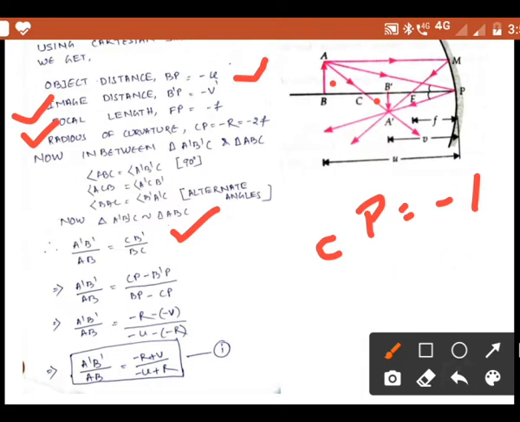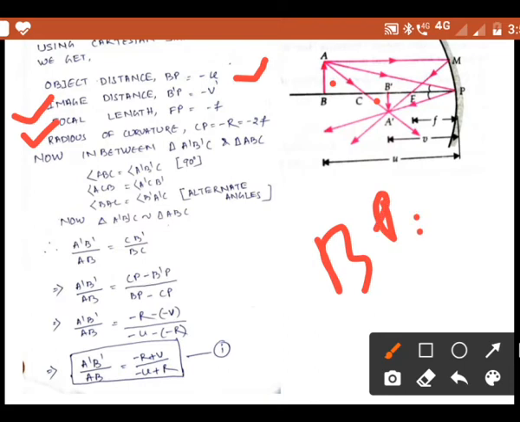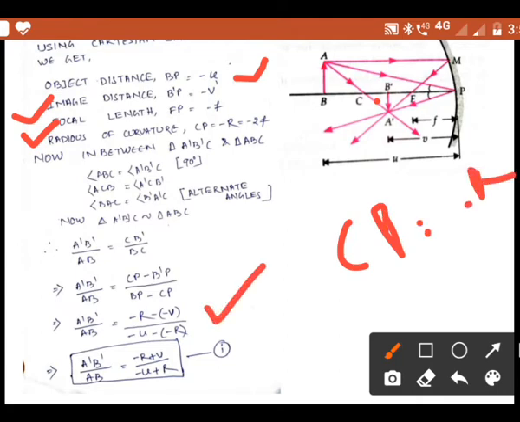Then BP is the object distance, you can write minus u. Then CP is the radius of curvature, minus r. Then A dash B dash by AB equal to minus r plus v by minus u plus r, equation 1.